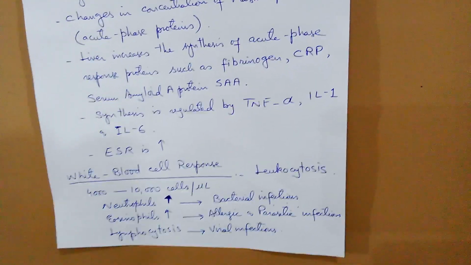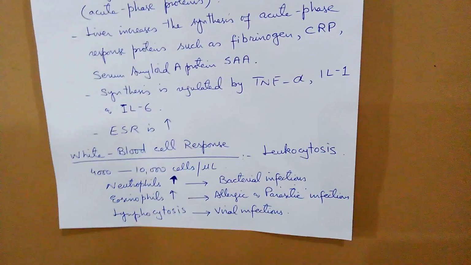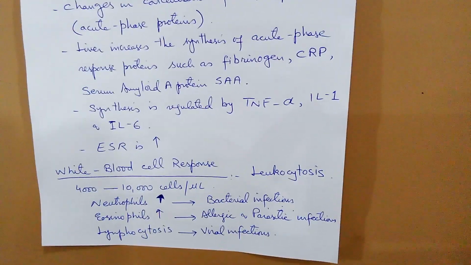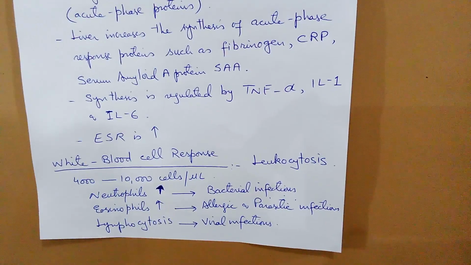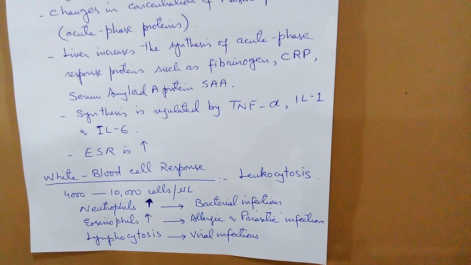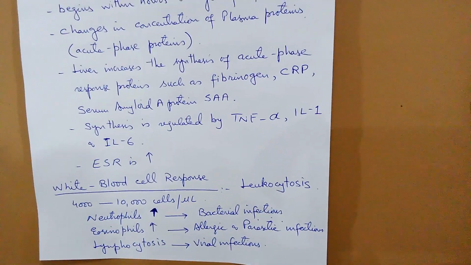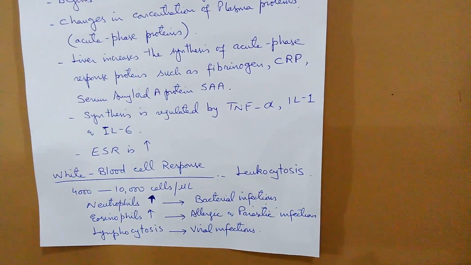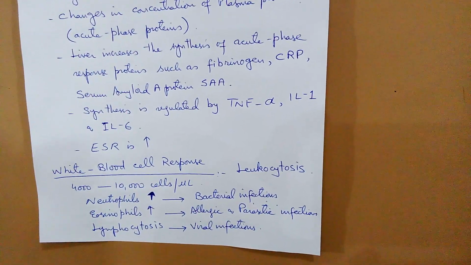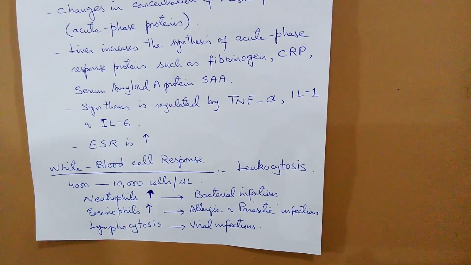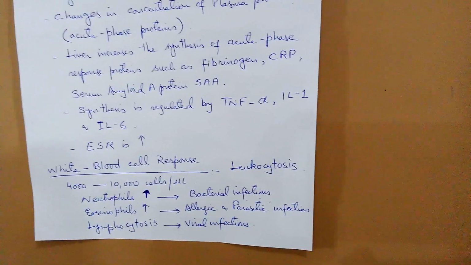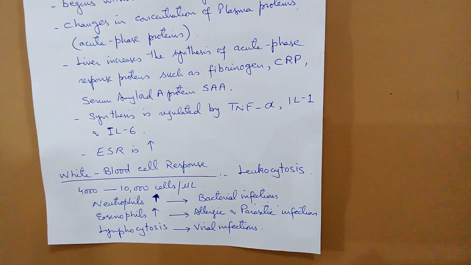The normal white blood cell count ranges from 4,000 to 10,000 cells per cubic millimeter of blood. As a result of bacterial infections, neutrophils are increased. Eosinophils are increased during allergic reactions and parasitic infections, like bronchial asthma.